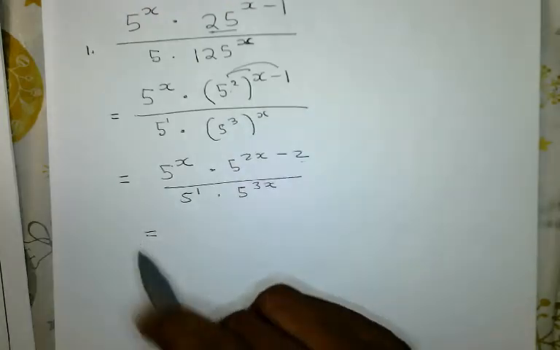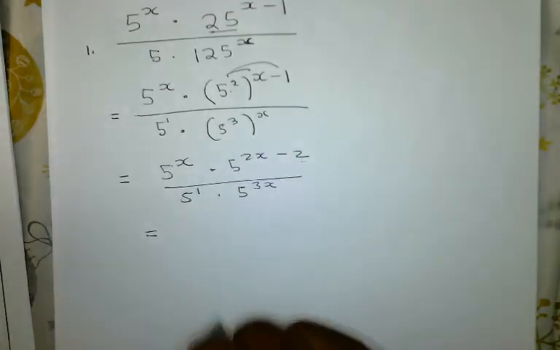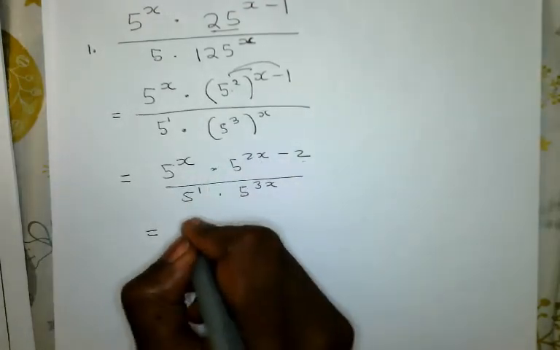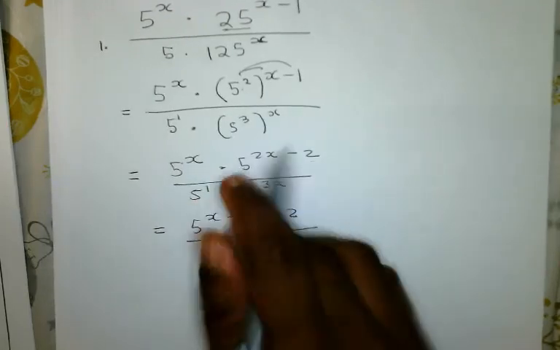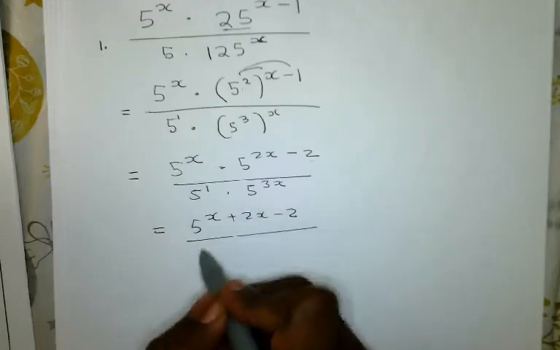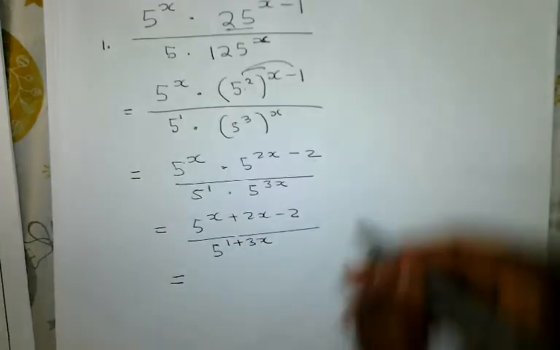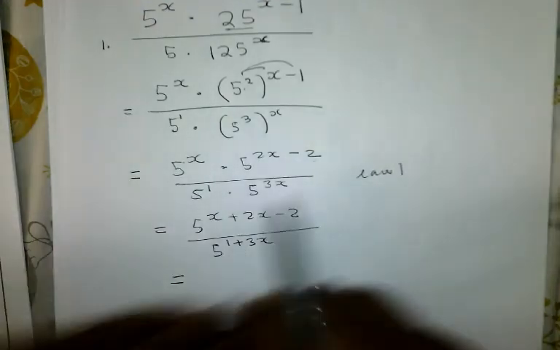Then here, what am I going to do? I'm going to add the exponents on top. So I'm going to have 5x plus 2x minus 2. And at the bottom, 5, 1 plus 3x. What am I doing? Law 1. It says when multiplying powers of the same base, we add. So I'm just adding those 2 here.